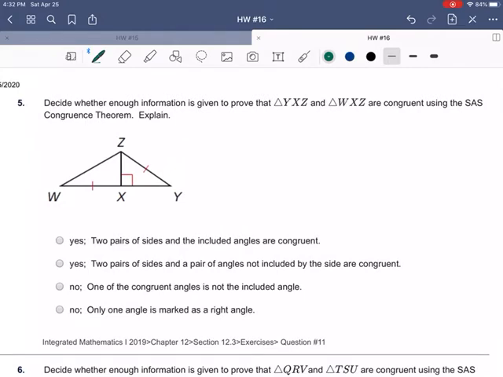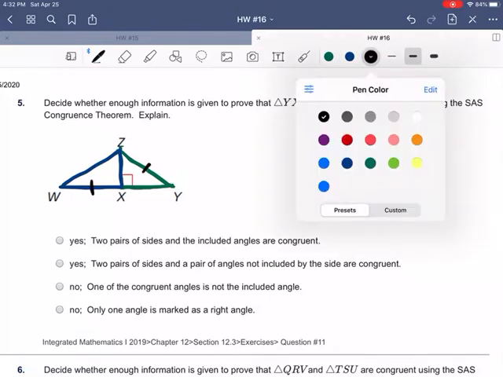Okay, same thing here. This time we're given triangle YXZ. And I should finish out that triangle, huh? Triangle WXZ. What we know is, actually let's use different colors, this side matches this side.